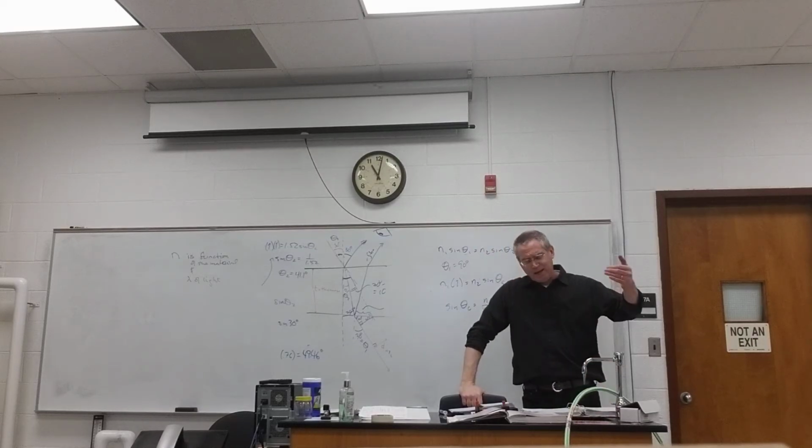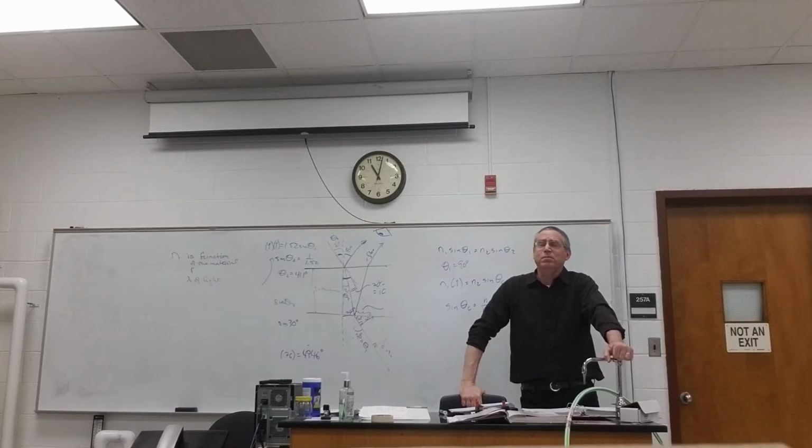So as light hits a material, it's not necessarily going to bend the same way depending upon what the frequency of light is. So what is one place where you see this index of refraction varying because of the wavelength of light?